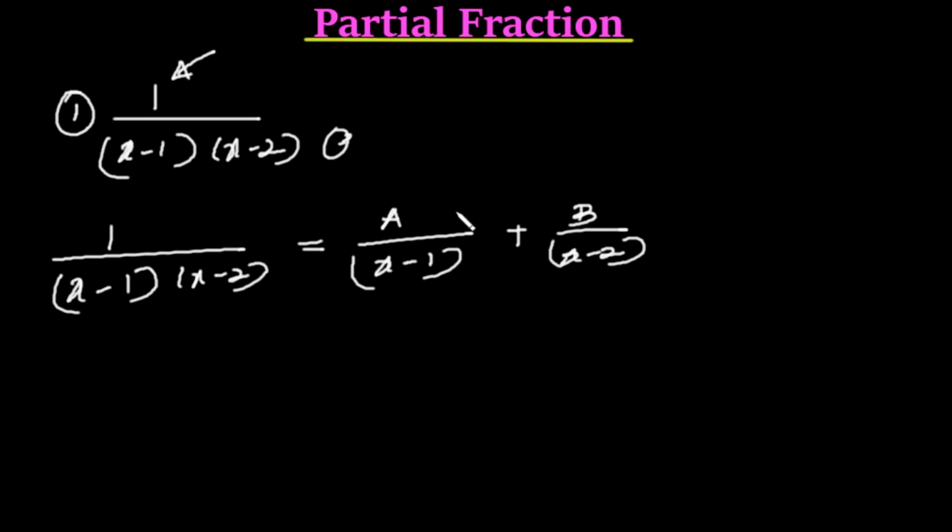You can divide this fraction into these two fractions, a over x minus 1 plus b over x minus 2. x minus 1 is this factor and x minus 2 is this factor. You can use a constant here because you can see the maximum power is 1.